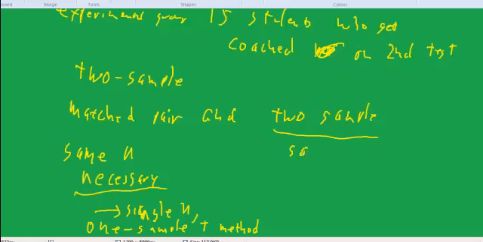Two-sample, if we have the same number in both groups, it's a coincidence. But there's no logical requirement for there to be the same n.